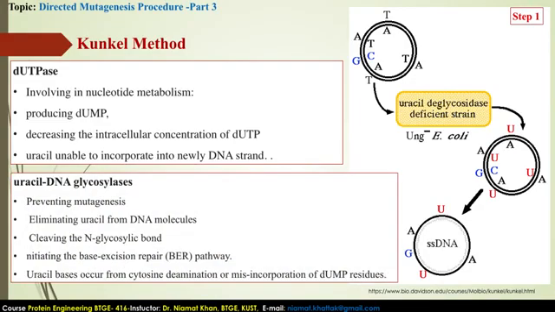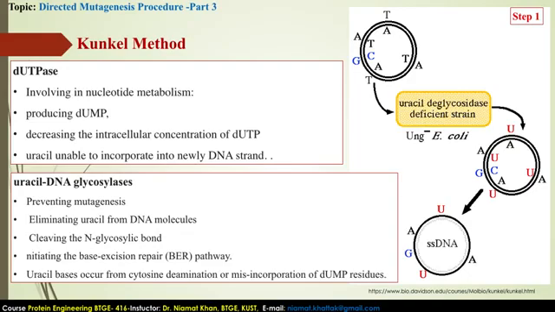Uracil DNA glycosylases are enzymes that belong to the repair system and prevent mutagenesis by eliminating uracil from the DNA molecule by cleaving the N-glycosylic bond and initiating the base excision repair pathway.